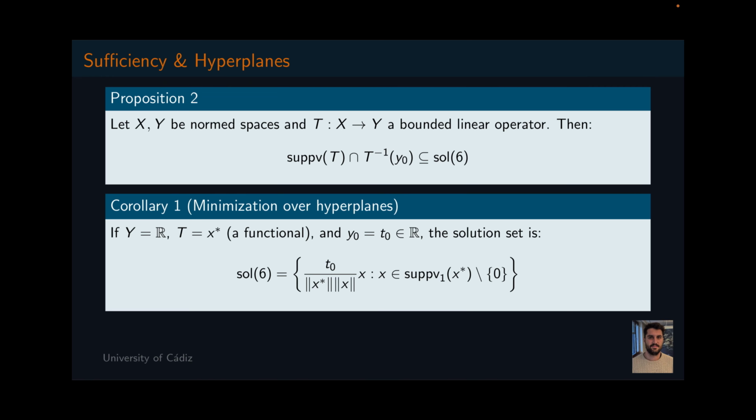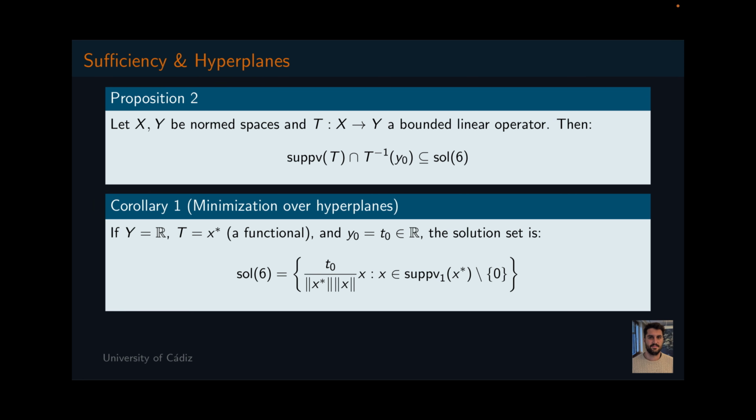This powerful geometric insight leads directly to corollary 1, which completely and analytically solves the problem when we are minimizing over hyperplanes. If our target operator is simple, a linear functional x star evaluating to a scalar t0, the solutions are precisely the scaled version of its non-zero supporting vectors.